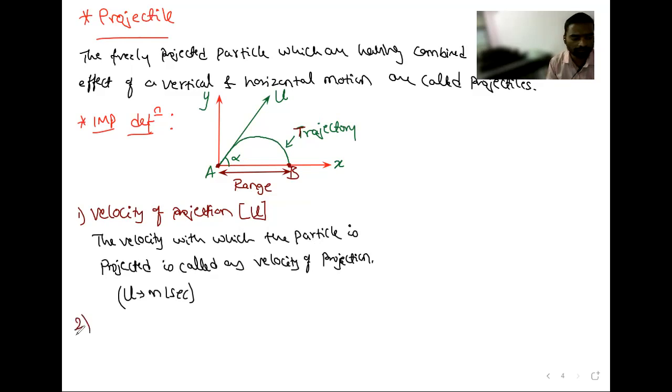Then the second one, angle of projection. All these definitions are important. It is denoted by alpha.